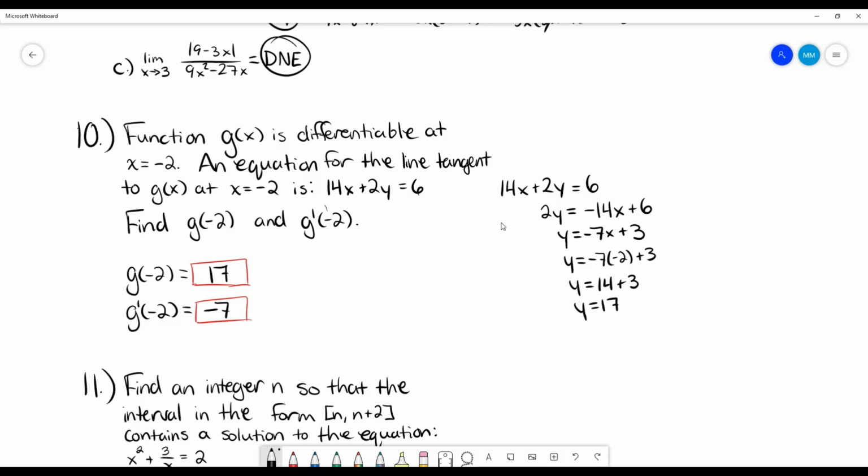And this is because, when we found our equation for a tangent line earlier for a different function, remember we used the same x and y values when we plugged that back in to figure out our b for our slope-intercept. So the x and y values of the tangent line equation are going to be the same as the x and y values at a given point, if you're given either the x or the y. So g of -2 is 17.